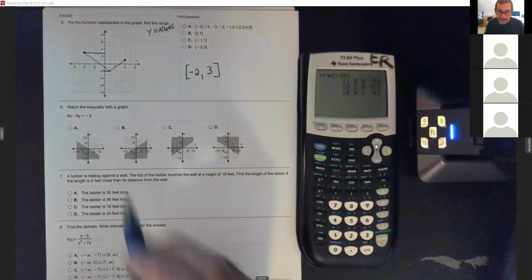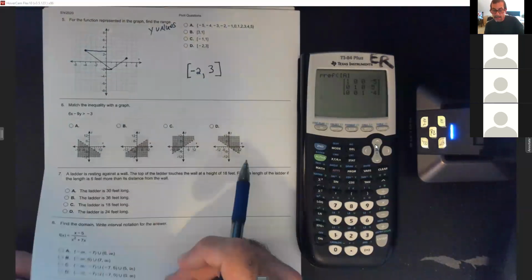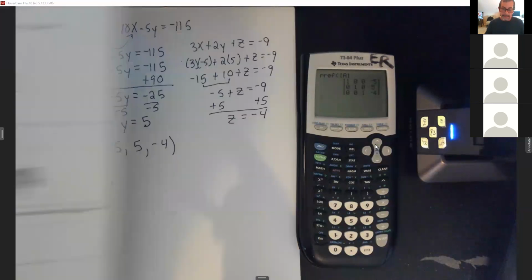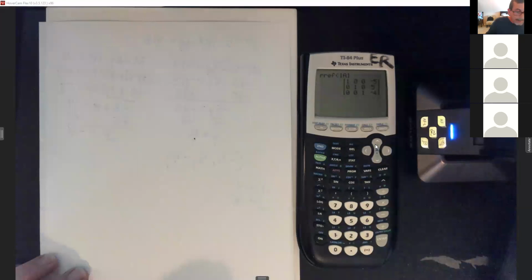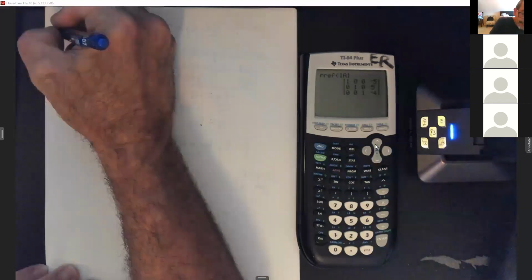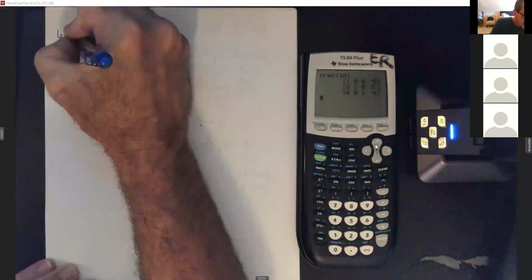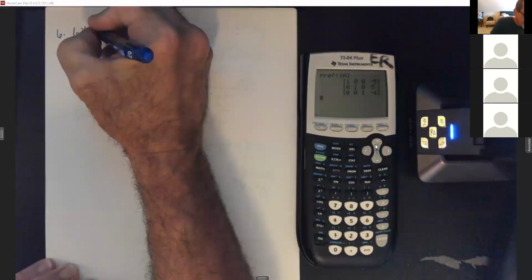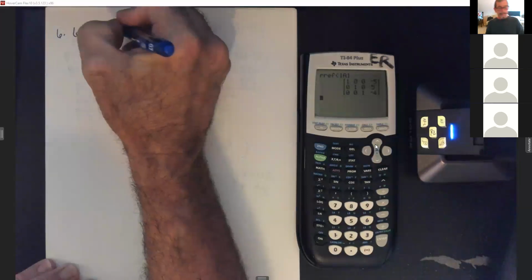All right, we're going to match the inequality with the graph. So I'm actually going to work that one by hand. So this would be number 6. They're giving me 6x minus 9y is greater than -3.